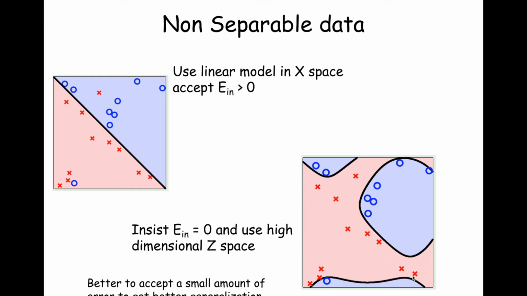You can't really find a straight line that will separate these data points consistent with the ground truth target function, because out of sample, the ground truth target function corresponds to this blue region here. The blue shaded region is ground truth for all of the blue circle points, and likewise the red shaded region is ground truth out of sample for all of the red points.